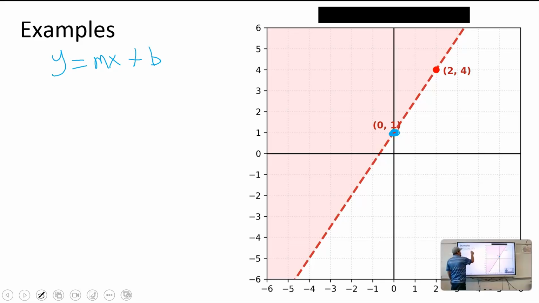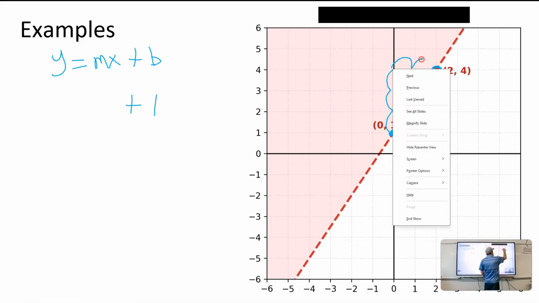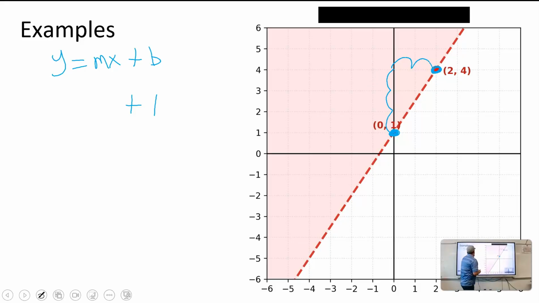So the y-intercept is at 1, so I'm going to have a plus 1 right here. And then to find the slope, we're just going to count our rise over run until we get to this next point. So we go up 1, 2, 3, and right 1, 2. So that means we have a slope of 3/2. So we got 3/2 x plus 1.